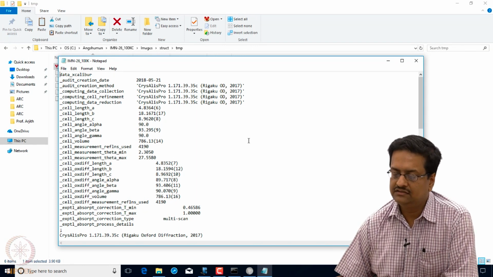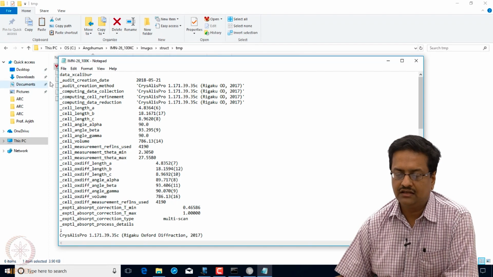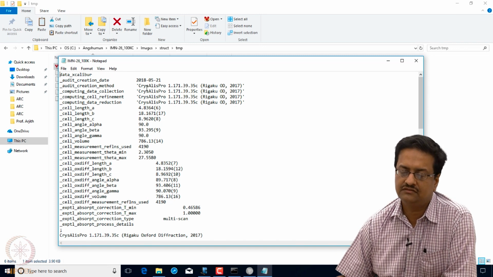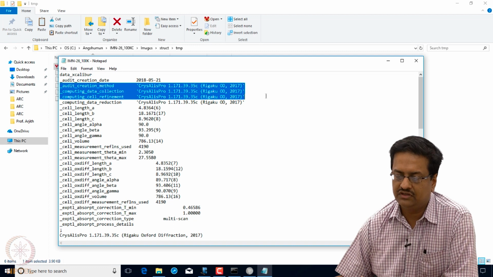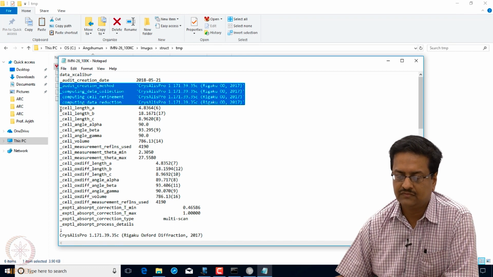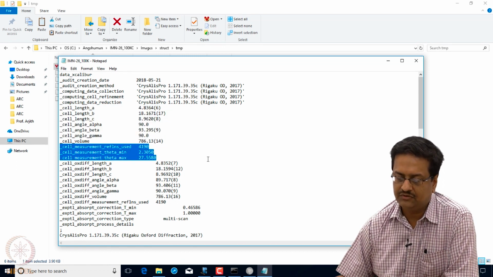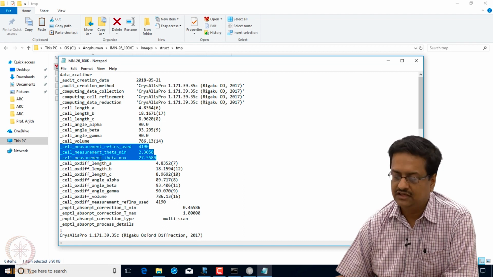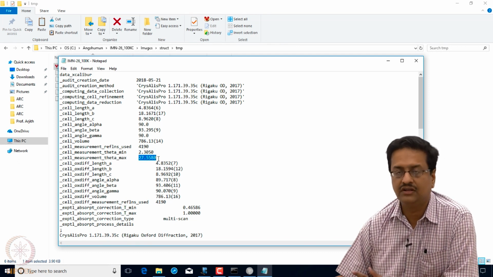So this file is like a crystallographic information file, where it gives you the basic information about this particular crystal which we have been handling. It gives you the information about the software that was used. Then it has a, b, c, alpha, beta, gamma and volume. Then it gives you the information about the cell measurement reflections, that is the number of reflections used for unit cell measurement, and the range of 2 theta values for unit cell measurement.